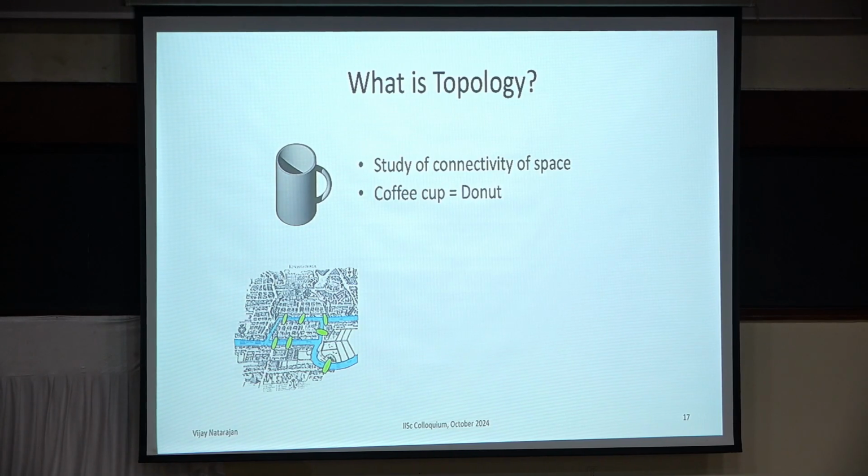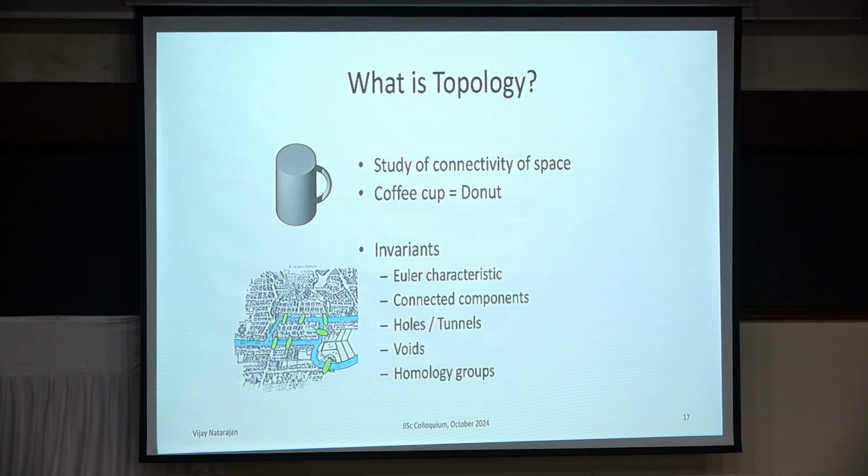The way topology is actually studied, at least from the perspective of today's talk, is via invariants. So you study spaces by looking at invariants and using them to decide when two spaces are equivalent or when they are different. A simple invariant would be the number of connected components. If you have two spaces that have different numbers of connected components, then you know for sure that they are different.